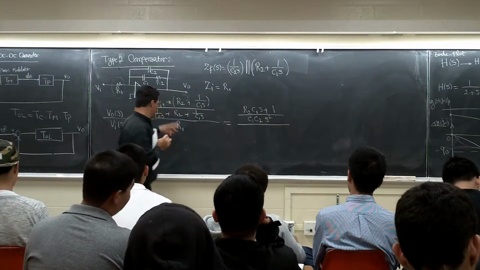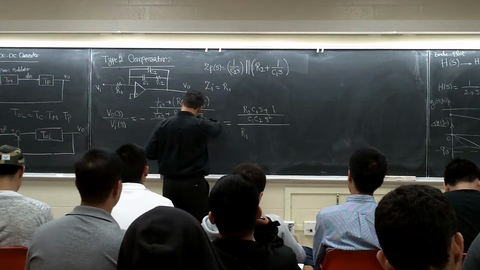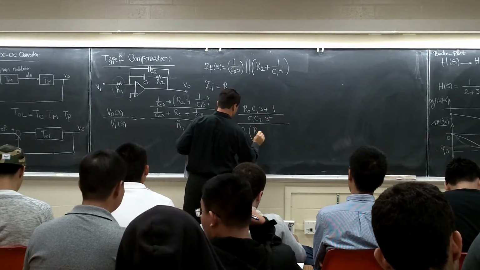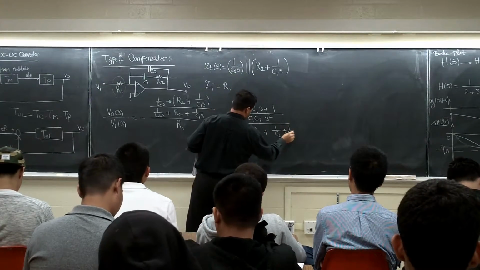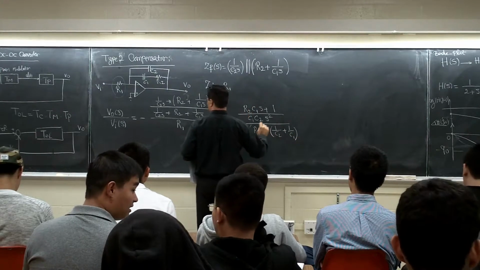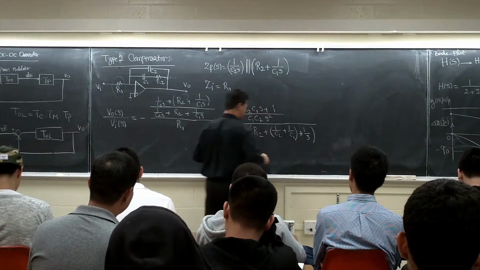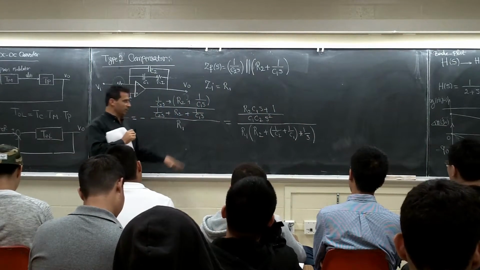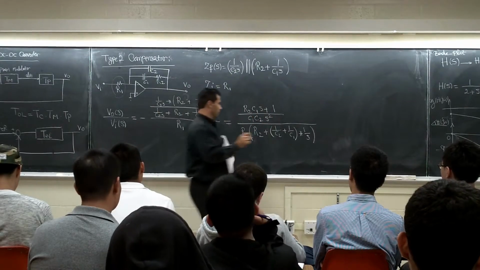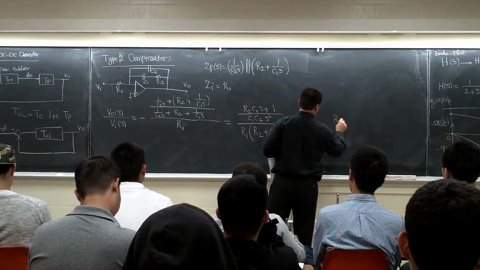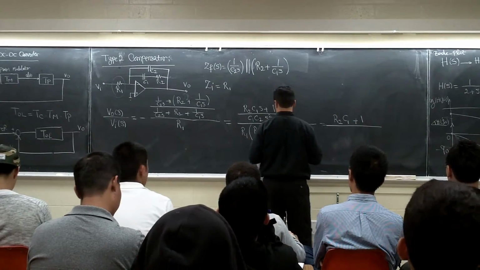And this one is going to come to the denominator: R1 times R2 plus 1 over C2 plus 1 over C1, times 1 over s. Right? So let's multiply by this, R1, C1, C2, s squared. So it's going to be R2 C1 plus 1 divided by.